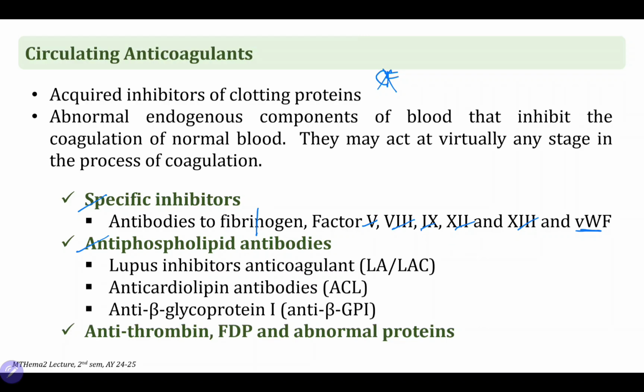This could either be a lupus inhibitor anticoagulant, anti-cardiolipin antibodies, or anti-beta glycoprotein 1. And then, pwede din silang maging in the form of antithrombin, FDP, and other abnormal proteins.